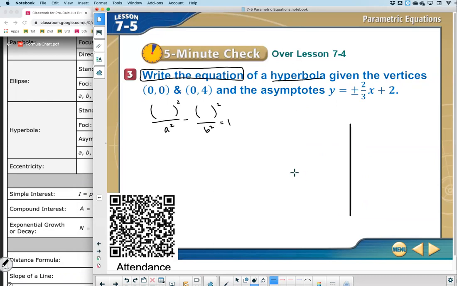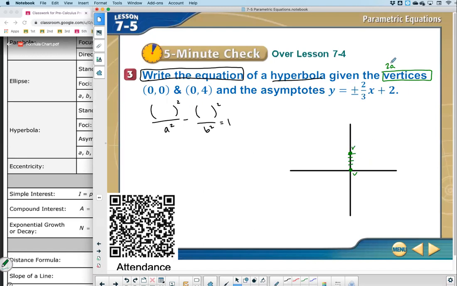On this particular problem, they give me vertices. I'm going to stop. Vertices. What vocabulary term should you associate with vertices? 2a, 2b, or 2c? Vertices are 2a. So 2a are at 0, 0, the origin. That's a vertice. And 0, 4 is my other vertice.